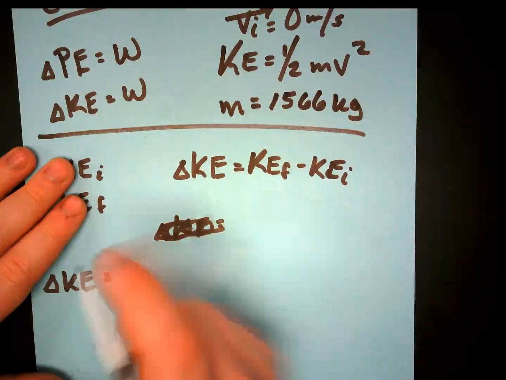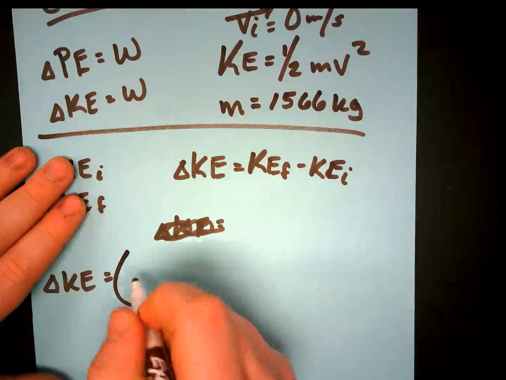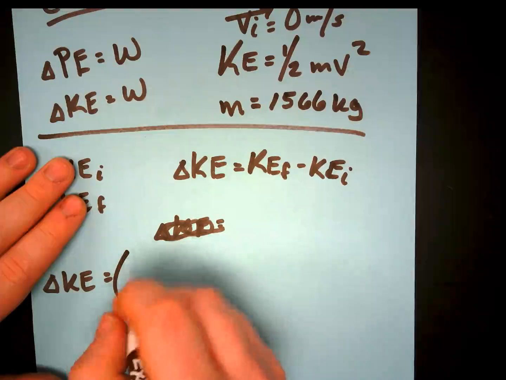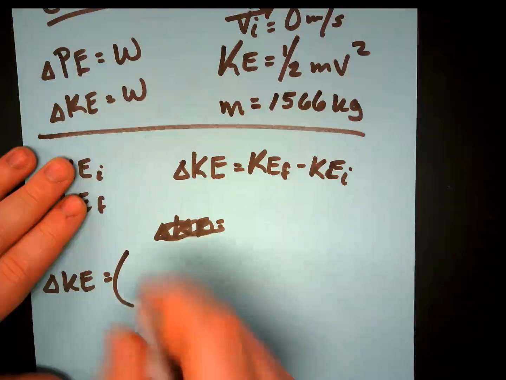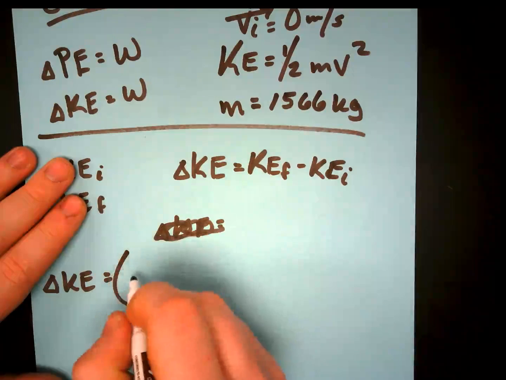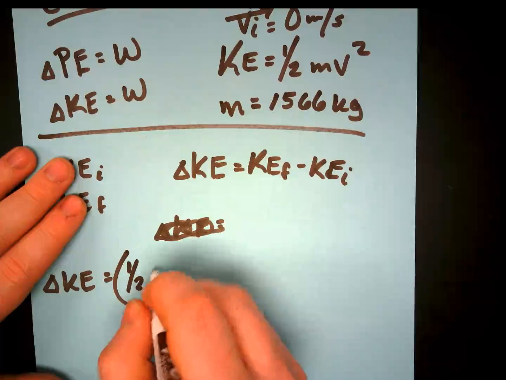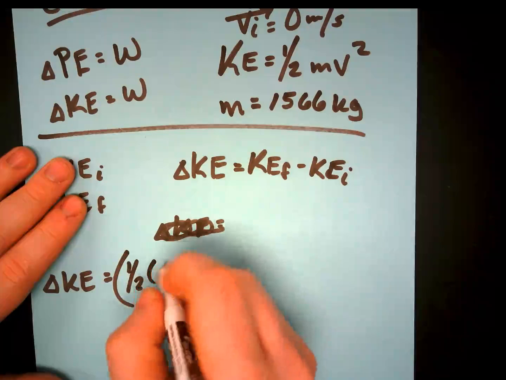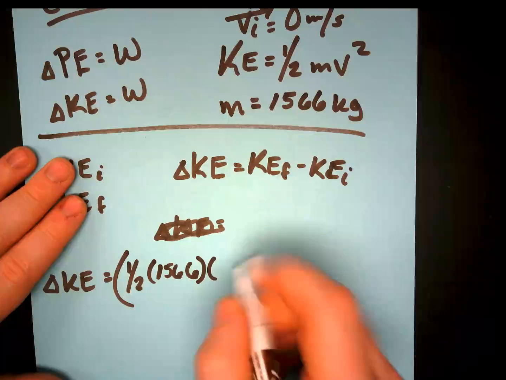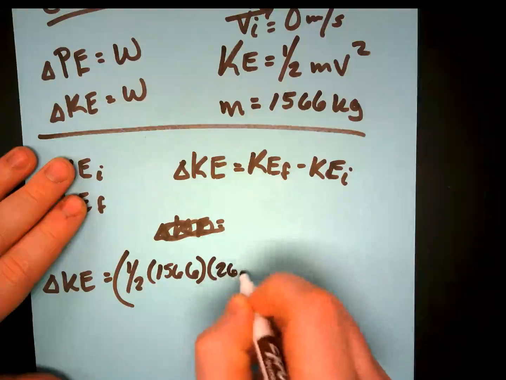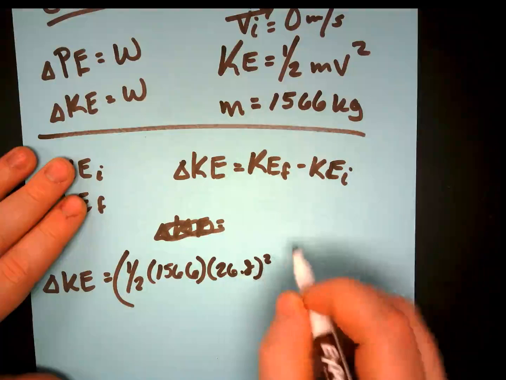Anyway, we're going to use this equation for both sides. So it'll be 1/2 times mass, which is 1,566, times velocity squared, which is 26.8 squared.